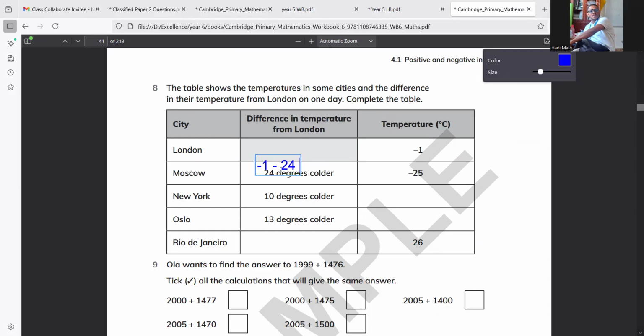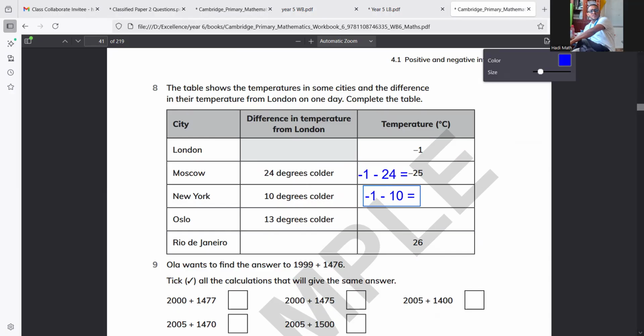Look here, this one. We said it is 10 degrees colder. When you say 10 degrees colder, then you subtract the 10 because it is colder.